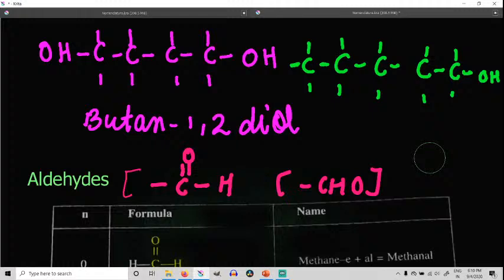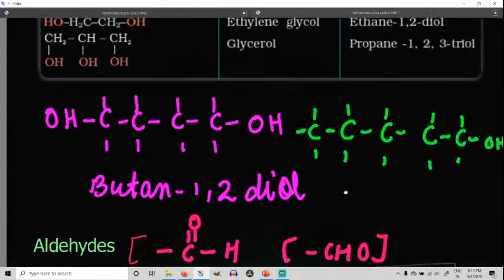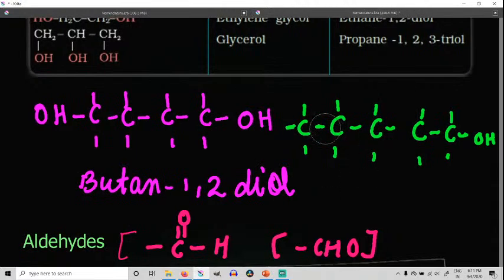Yes, class, understood? Not understood? If there are 6 carbon atoms, what will be the IUPAC name? In the same structure, if I attach one more carbon atom, what will be the IUPAC name? First carbon atom, second, third, fourth, fifth, sixth.